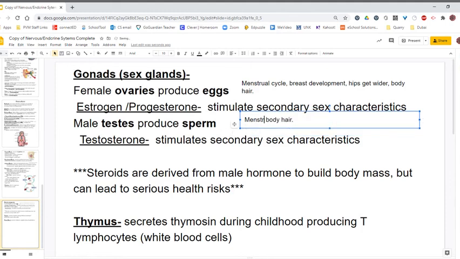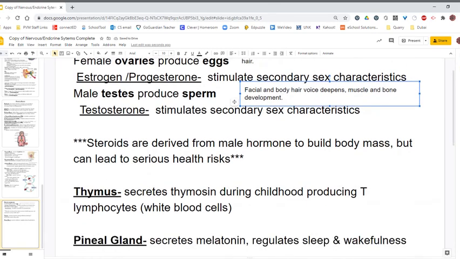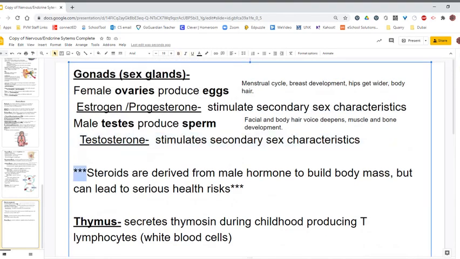We're not going to have breast development or a menstrual cycle, but we sure are going to have body hair and we're going to add facial hair to it. You're going to have facial and body hair. You're going to have voice deepens. You're going to have muscle and bone development beyond what females have.